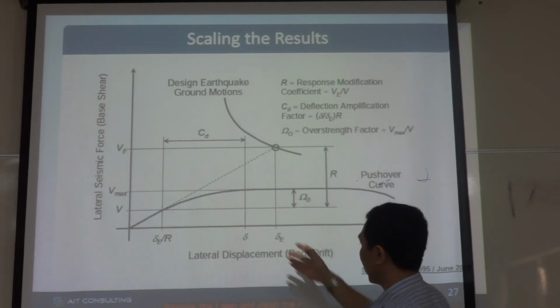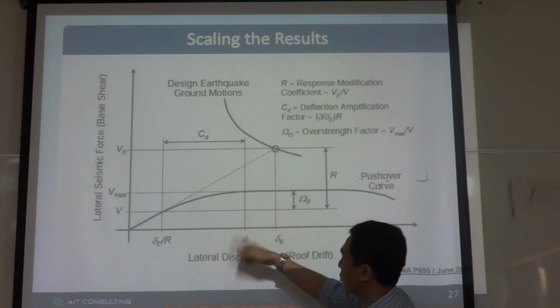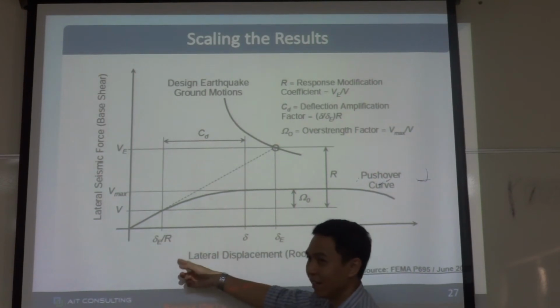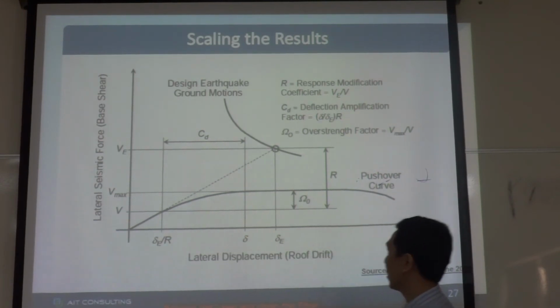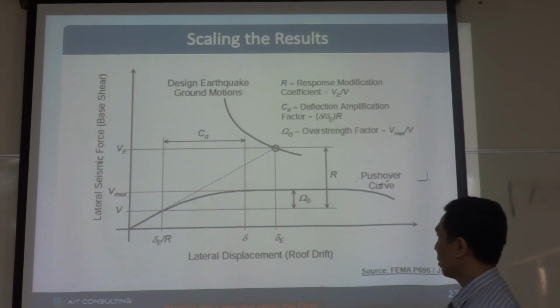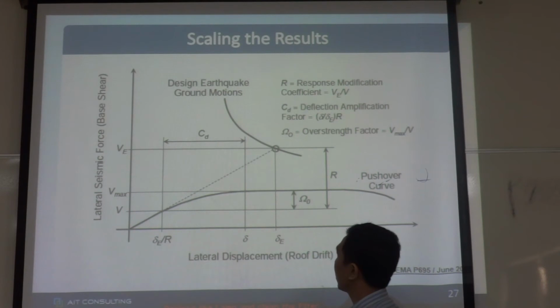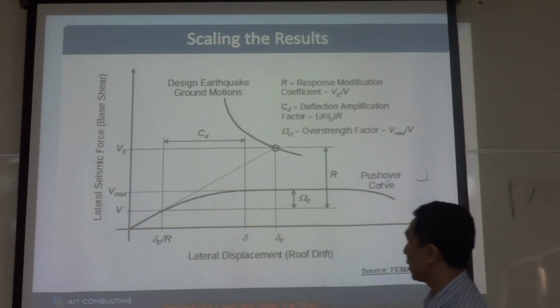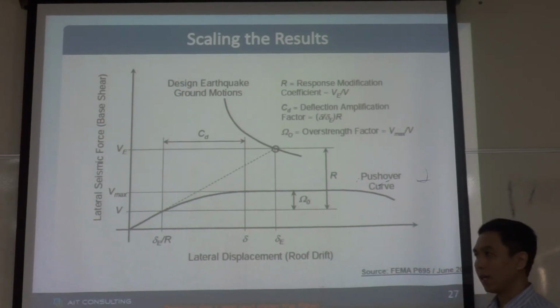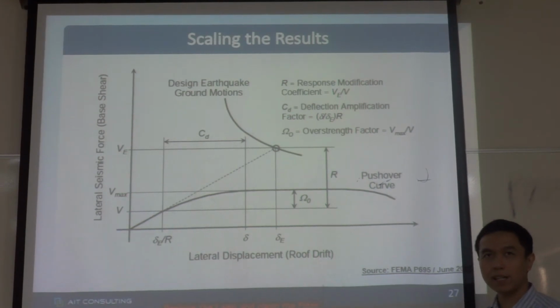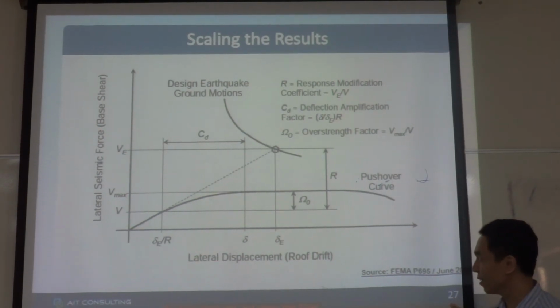But in UBC, there is no Cd factor. You have to multiply the displacement by R to estimate the inelastic displacement. Those factors are developed based on the assumption that the elastic displacement and the inelastic displacement are the same.